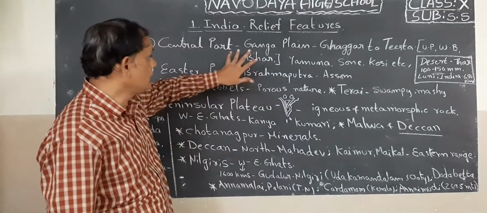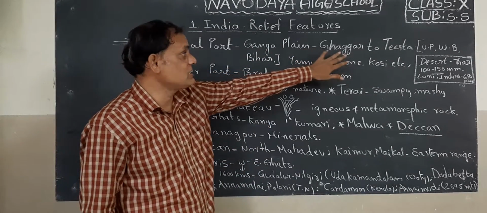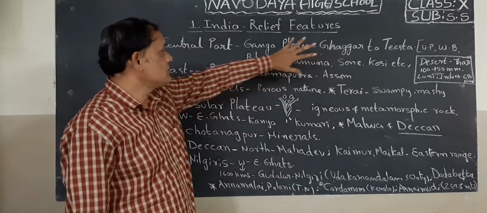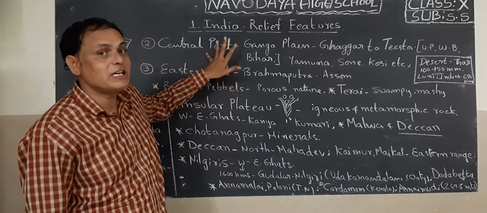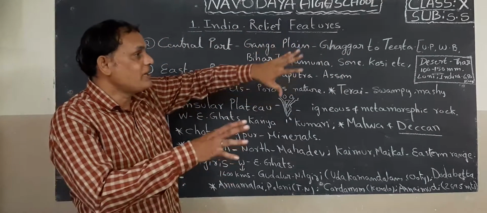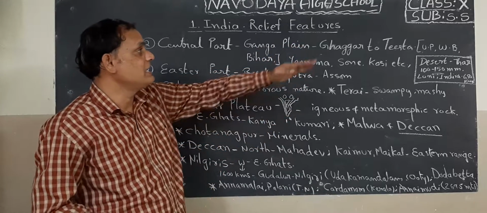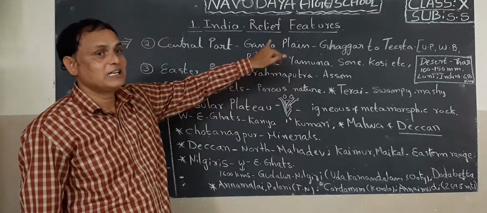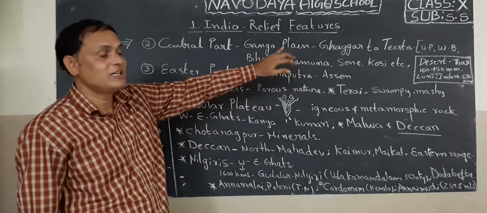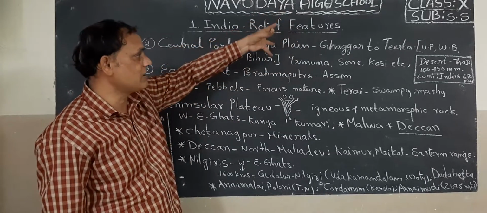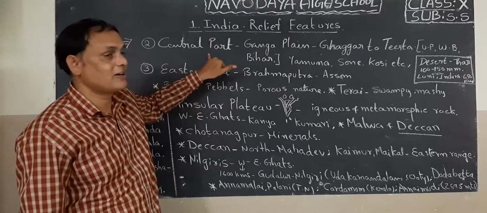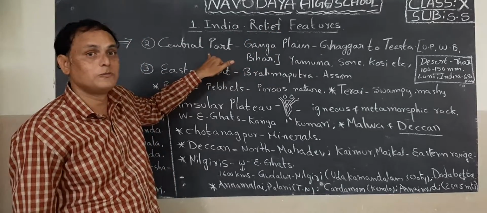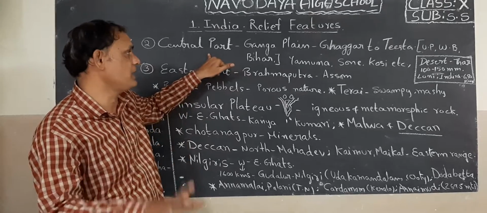Next, Gaggar and Teesta are also important. This central part spreads across how many states of our country? Uttar Pradesh, West Bengal, Bihar, Jharkhand. All these areas are covered by this central part of the Indo-Gangetic Plains.